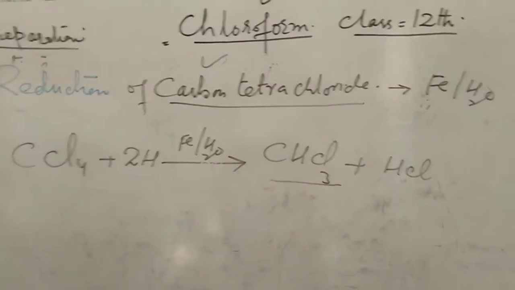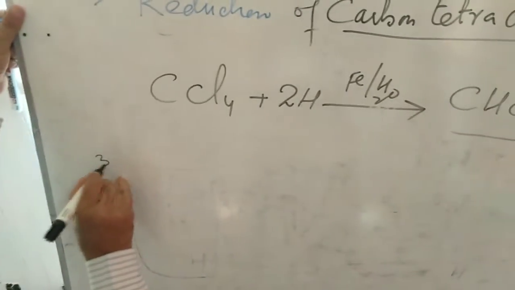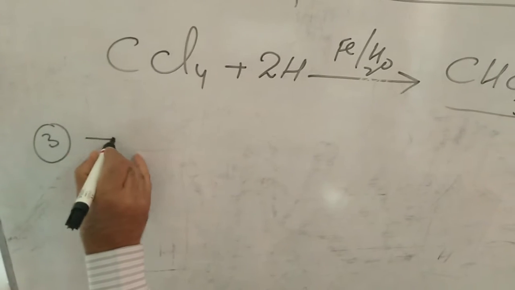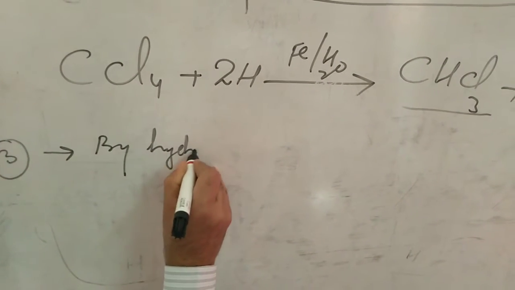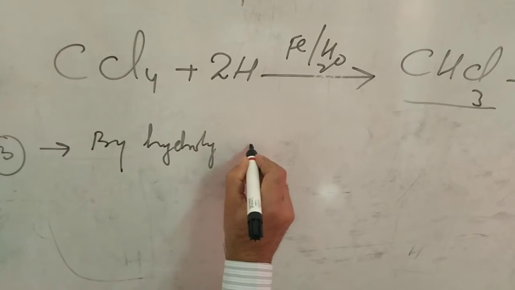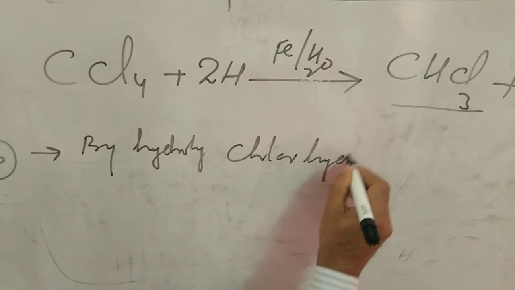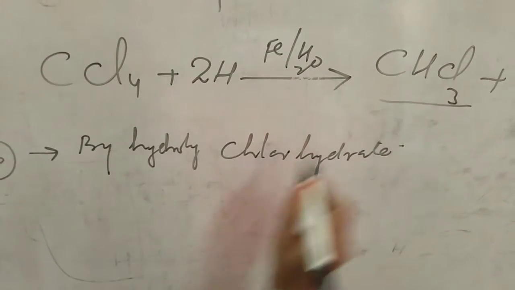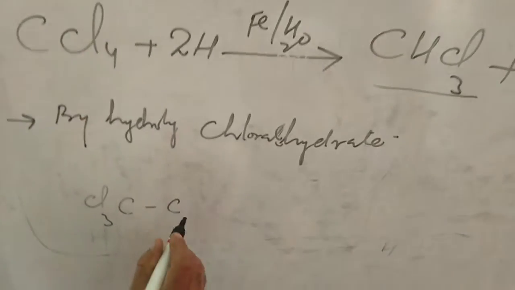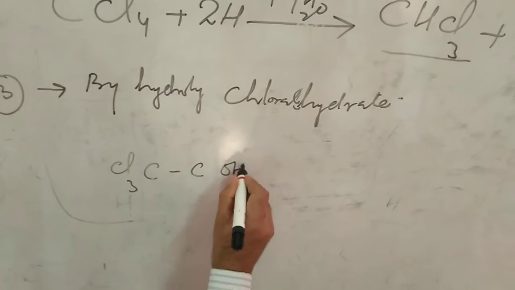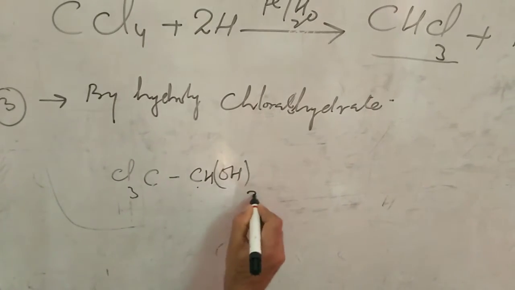Now the third preparation is by hydrolysis of chloral hydrate. This is chloral hydrate.